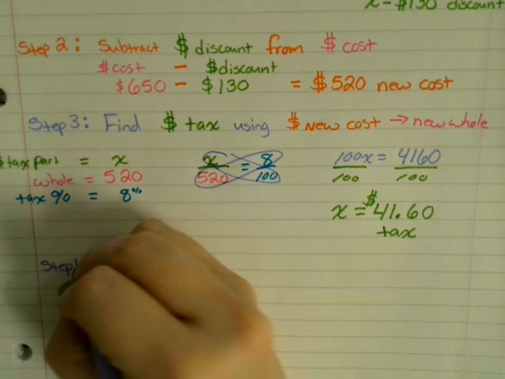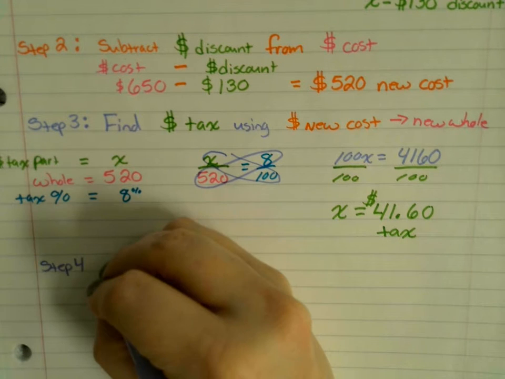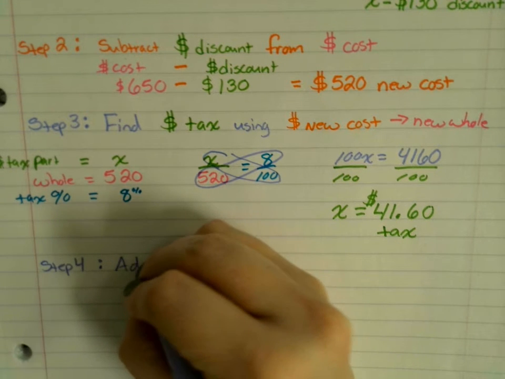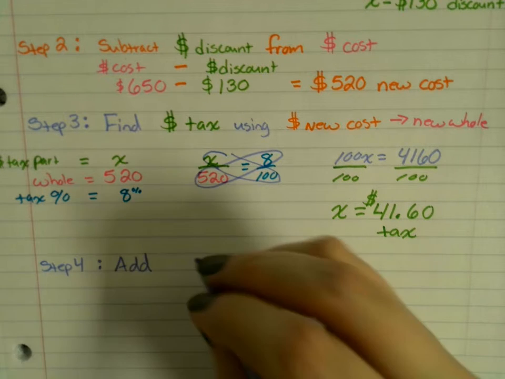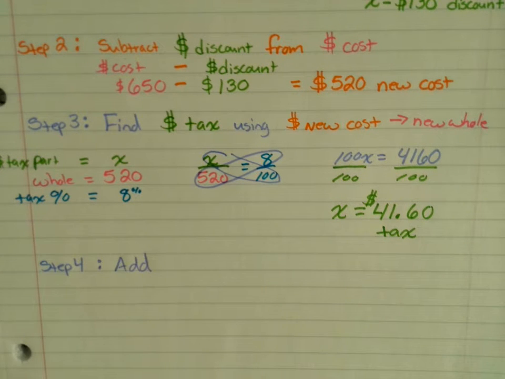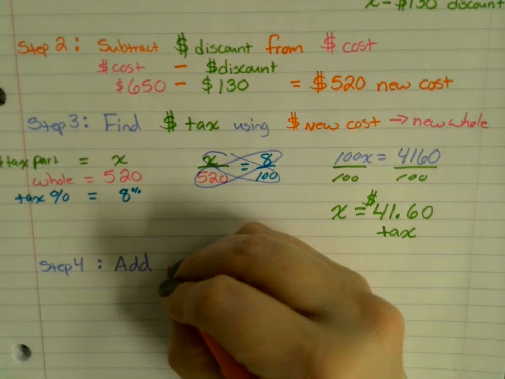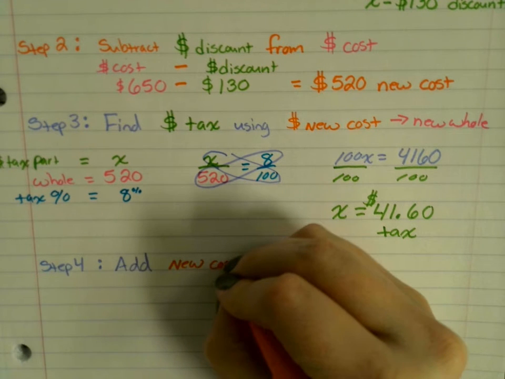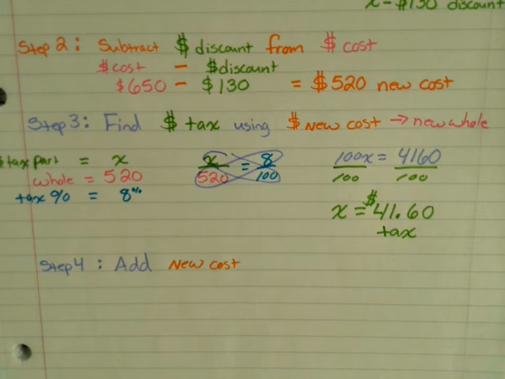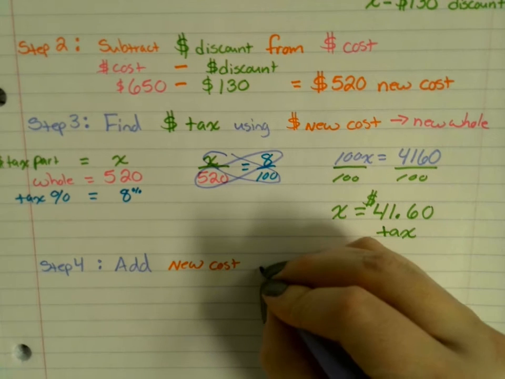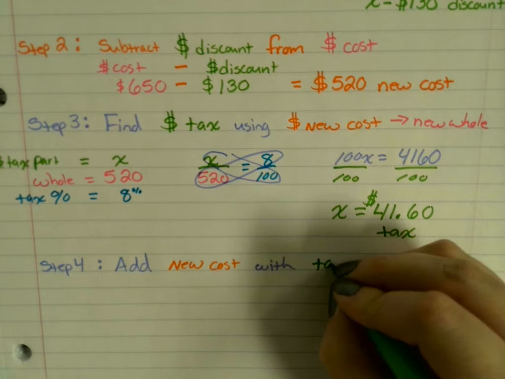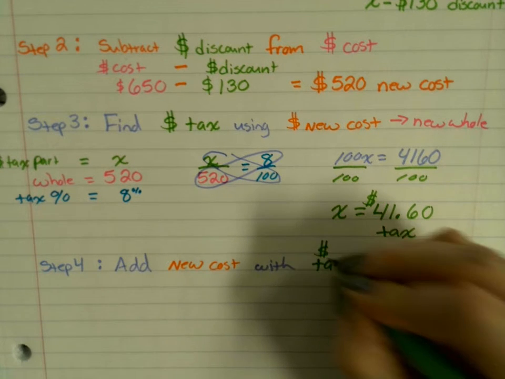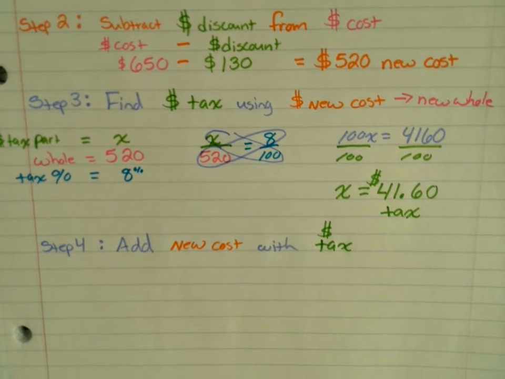For step 4, we're going to go ahead and add, right? Because you add tax to your total. You're going to add your new cost with your money version of your tax.